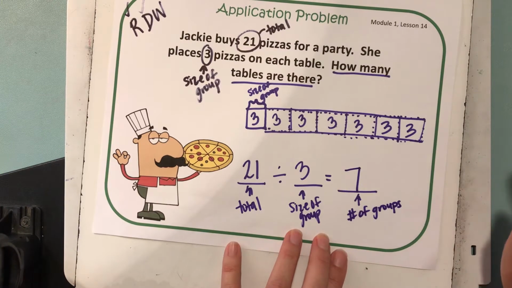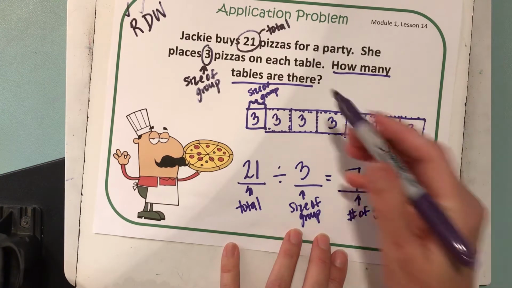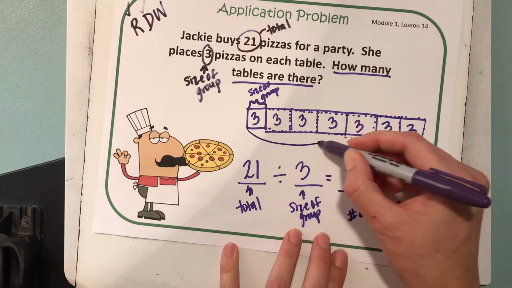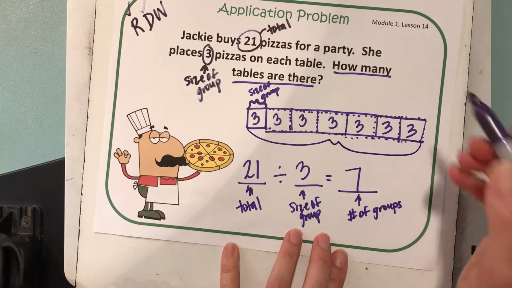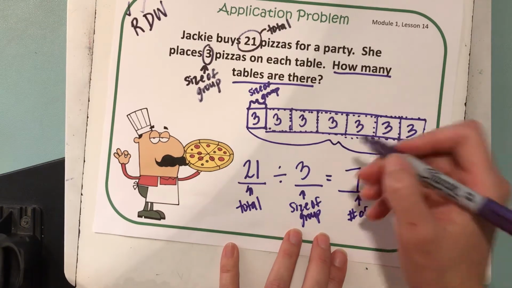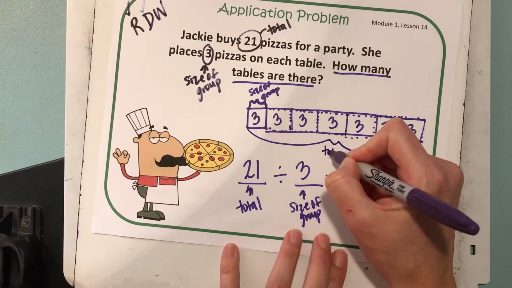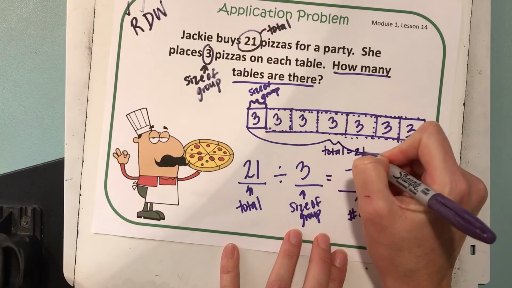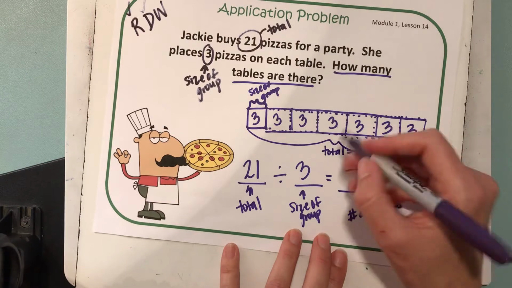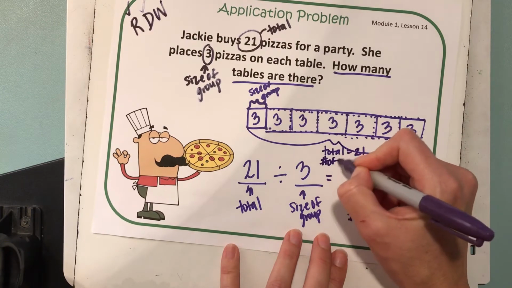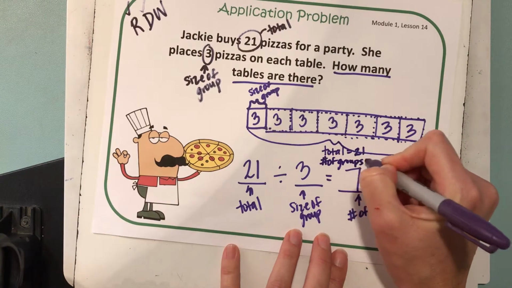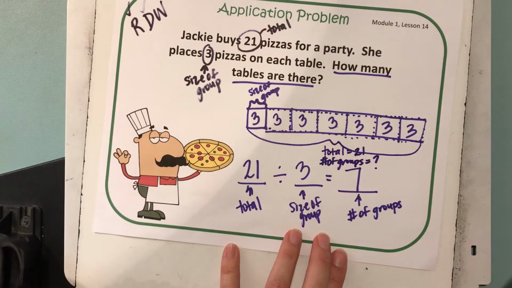And before I go any further, because I did solve it, I want to label this so I know what this means. Well, this means the total, right? Which is 21. But it also is the number of groups. And that's what we were trying to figure out. And we know that that is 7.